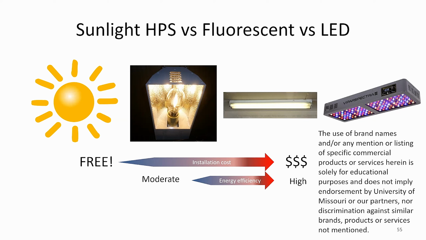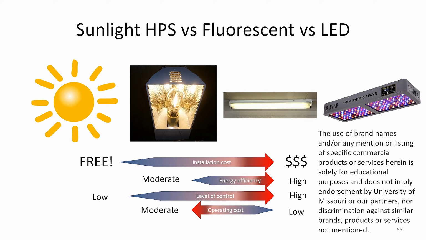There's no question about it. Fluorescent lights are not as efficient as LEDs, but they're more efficient than high pressure sodium lights. Now, with LEDs, you can control the specific light color, and we're going to talk about that in more detail further on, as opposed to fluorescent and high pressure sodium lamps.